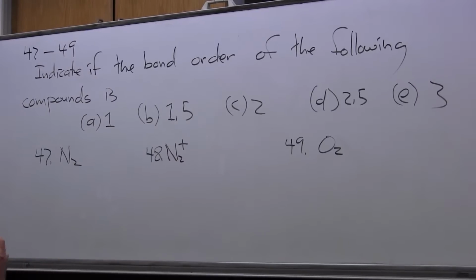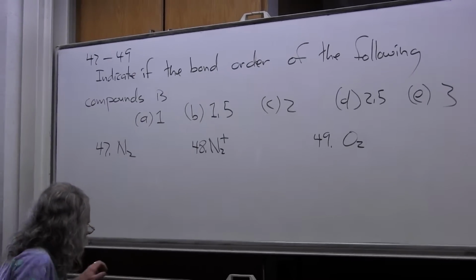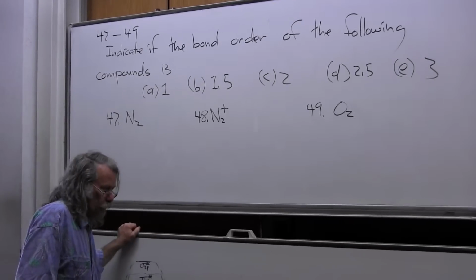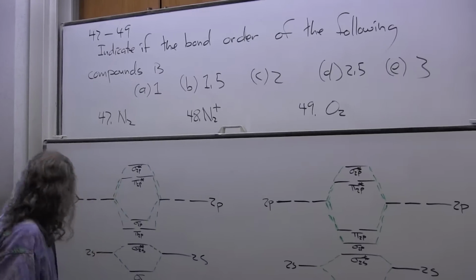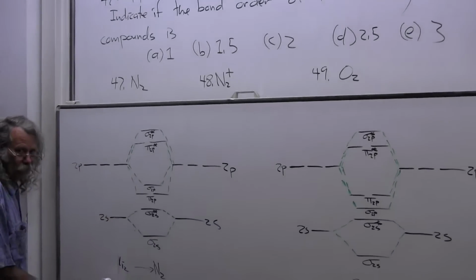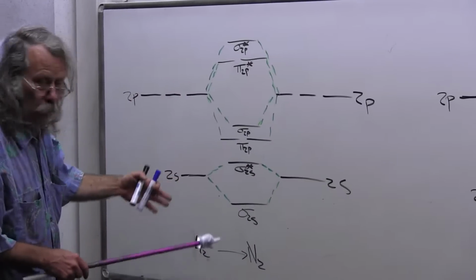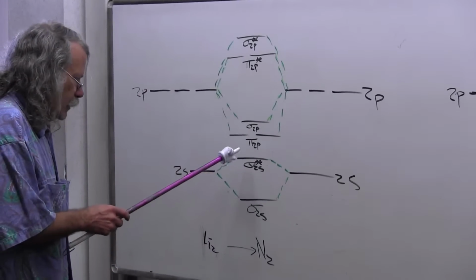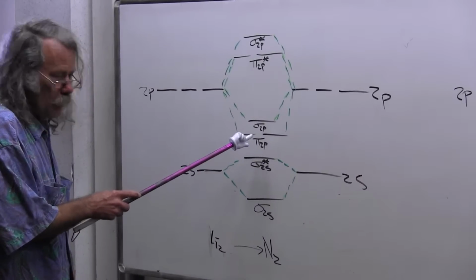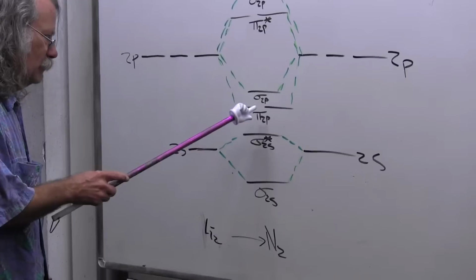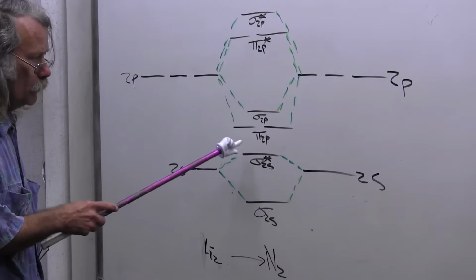Now, in order to answer this question, we have to take advantage of the ordering of molecular orbitals. And the fact that for dilithium through nitrogen, we have the following ordering of the molecular orbitals. And the key feature is whether or not this sigma 2p molecular orbital lies above or below the energy of the pi 2p molecular orbital combination.